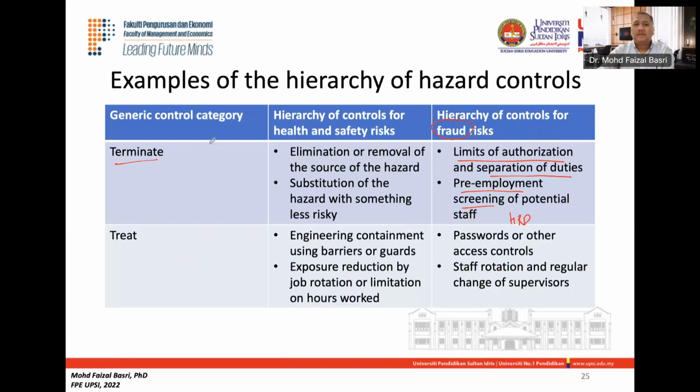With regards to the treat category, you can use staff rotation, for example, in order to avoid certain activities being done by the same staff every time. Usually in banks, staff rotation is very normal.